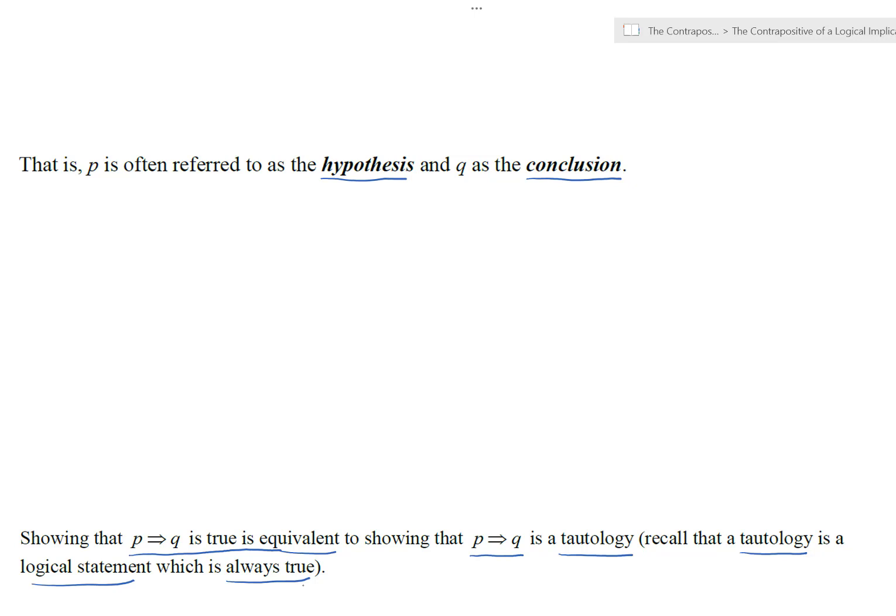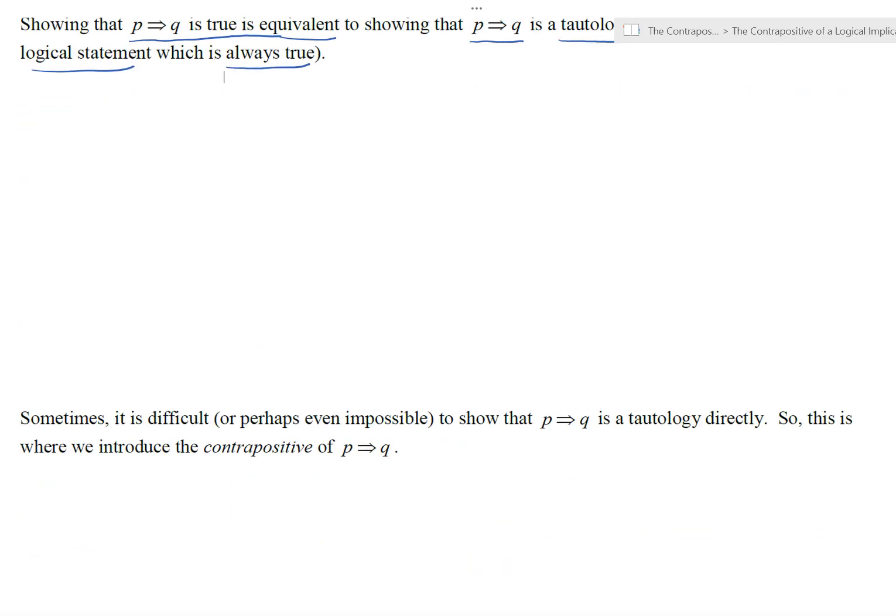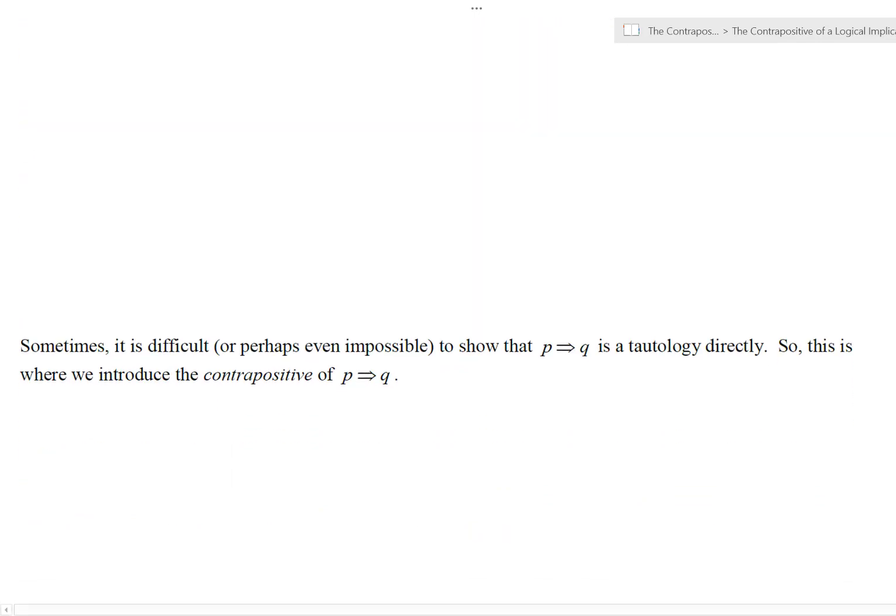But sometimes showing that a logical implication if P then Q is a tautology directly is very difficult to do. Sometimes it's even impossible. So what are we going to do? We really think it's true, but we can't figure out a way to show it's true.